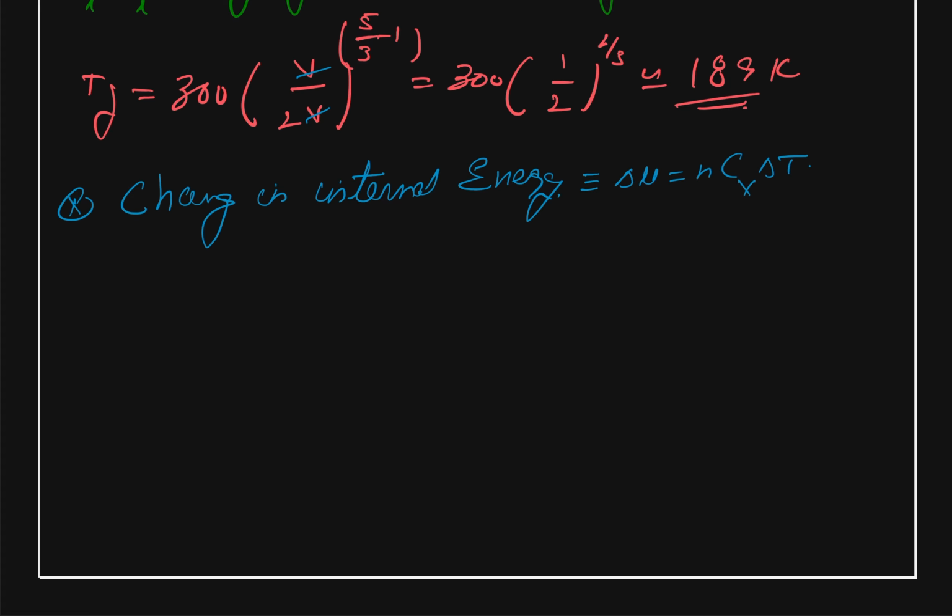So we can simply substitute the values. We get delta U equal to 2 times 3/2 times R, which is 8.314, times the temperature change, 189 minus 300. So we get this as approximately minus 277 joules.